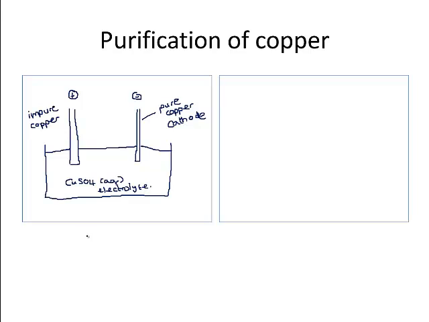Okay, so what's happening at both of these things when we switch on the electricity? At the anode, the atoms of copper will leave the surface of the copper as ions. And then they will travel to the cathode.